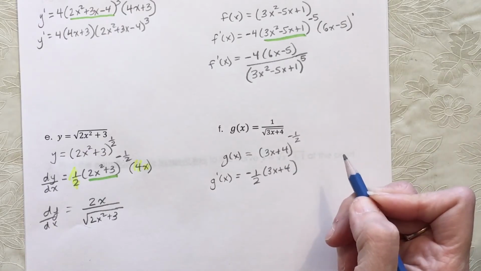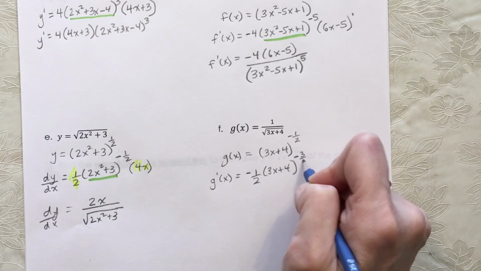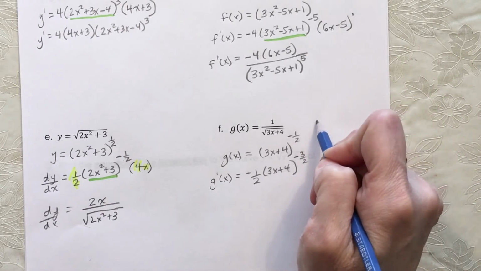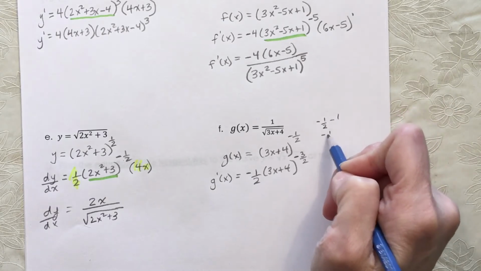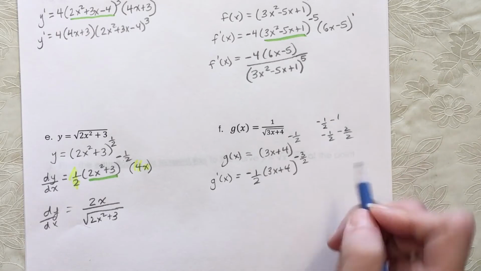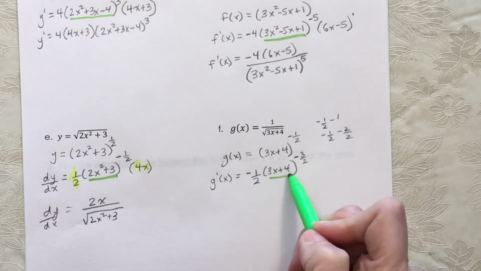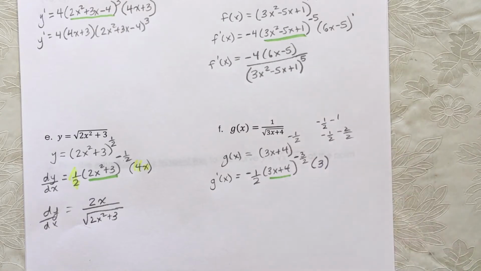Careful here, it's -1/2 minus 1, which is -3/2. So again, -1/2 minus 1 is the same as -1/2 minus 2/2, and that's how you get the -3/2. But then we still have to multiply that by the derivative of what's inside, which is +3.